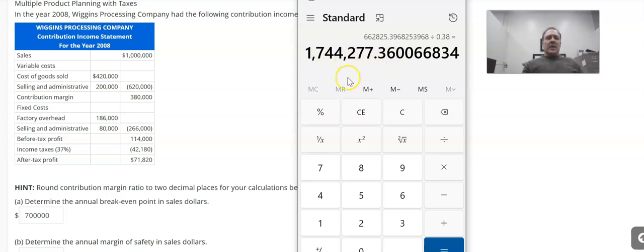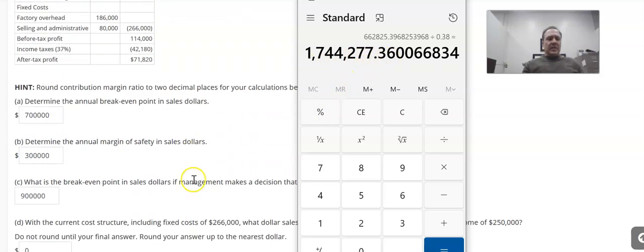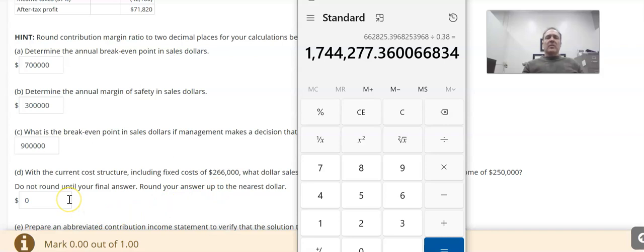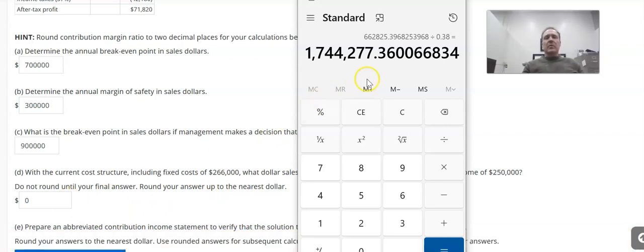Now, I believe that it said to round up to the nearest dollar. Be advised that they may not mean it. I think when they say round up to the nearest dollar, well, I'm not sure that that's what they mean.